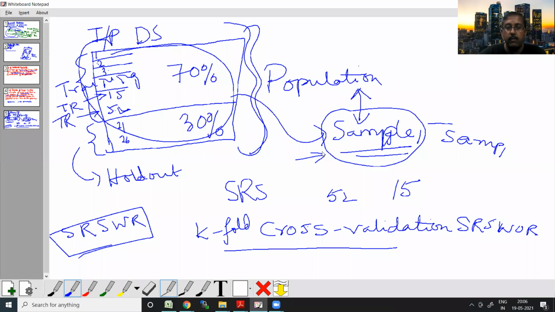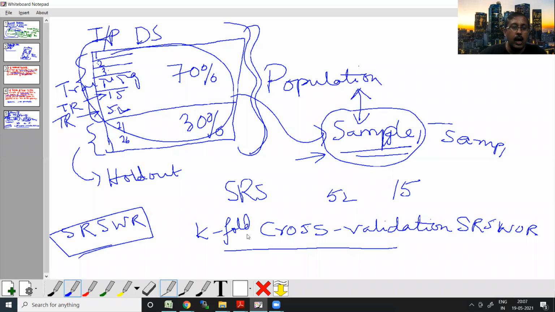In bootstrapping, we can have one particular unit or record being made a part of the sample multiple times, or a part of the training data multiple times. When do we do that? When we have input data of a smaller size. In that case, we have no other option other than doing this.